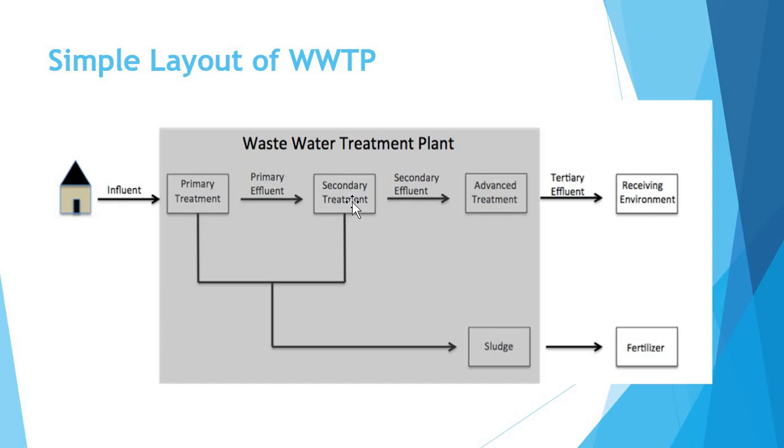The secondary treatment results in secondary effluent and secondary sludge. The sludge is collected again here and the secondary effluent enters the advanced or tertiary treatment, and from the tertiary treatment the tertiary effluent is let out to the receiving environment, maybe land or a pond or a river or an ocean.